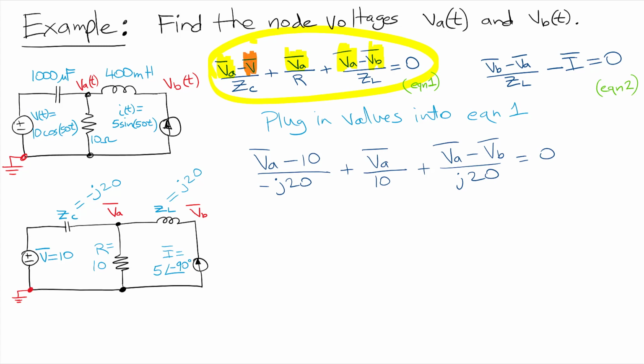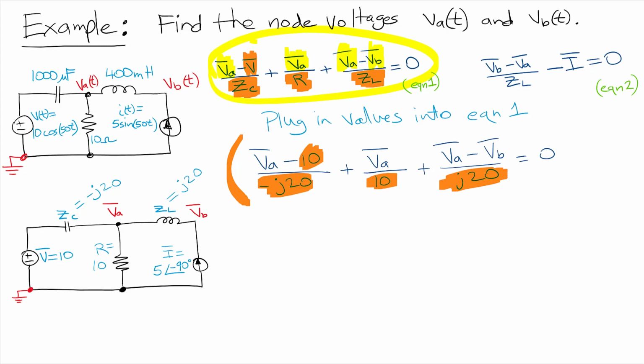We found the voltage phasor, ZC, R, and ZL. So we plug those values in. The voltage phasor is 10, ZC is minus j20, R is 10, and ZL is j20.